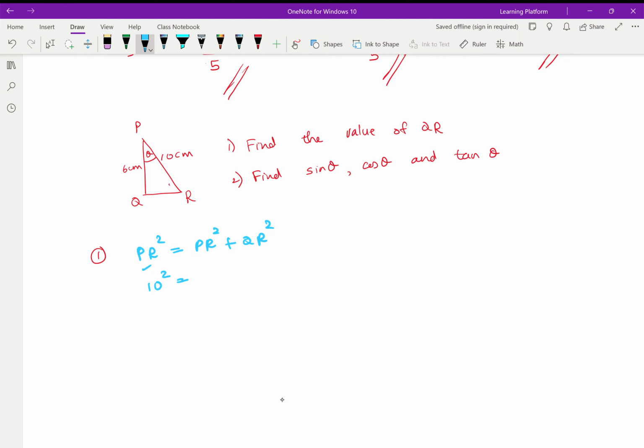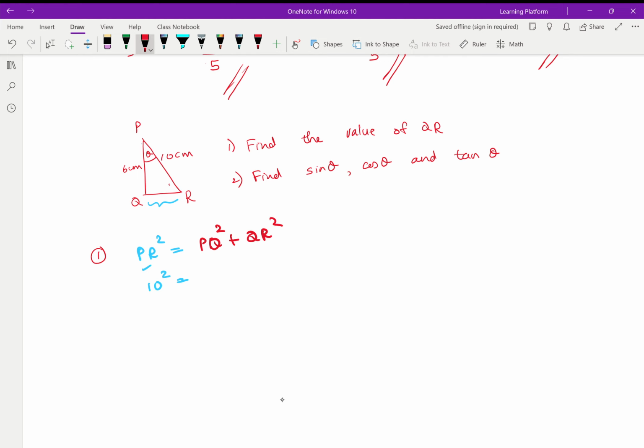You know this PQ squared, that is 6 squared. But you don't know this QR. Sorry, there's a mistake here. PR squared equals PQ squared plus QR squared.